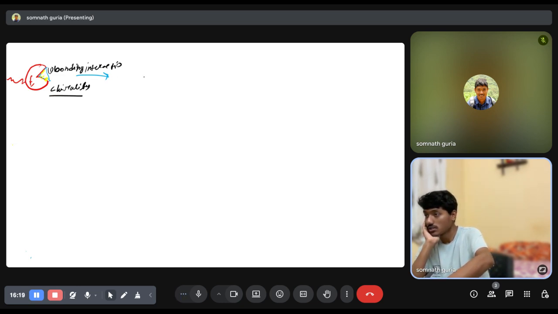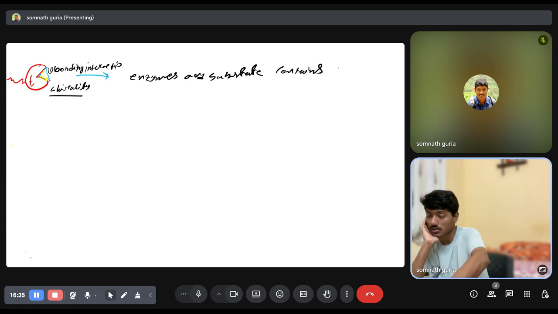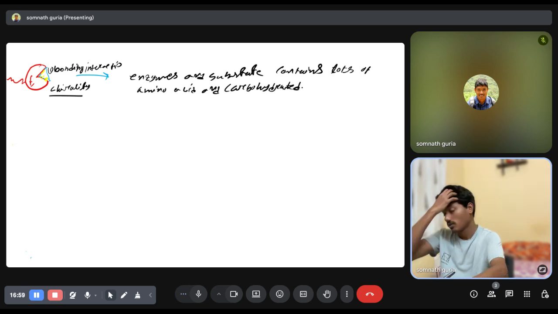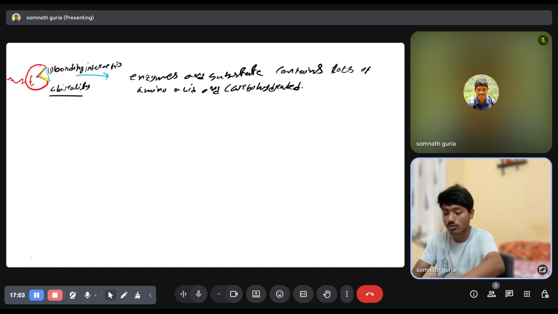These enzymes and substrates contain lots of amino acids and carbohydrates, which actually play a crucial role in making a chiral environment, followed by recognition of the molecule, and then going forward to make the further reaction.